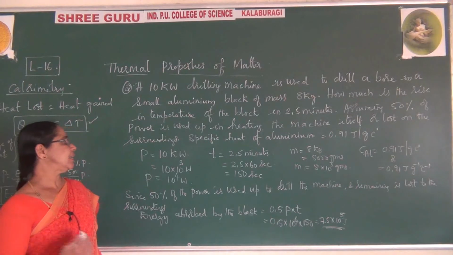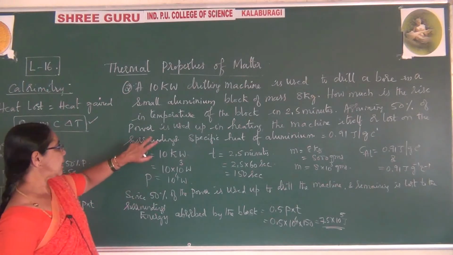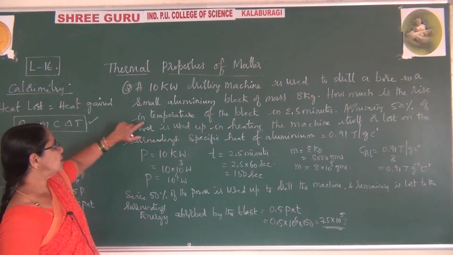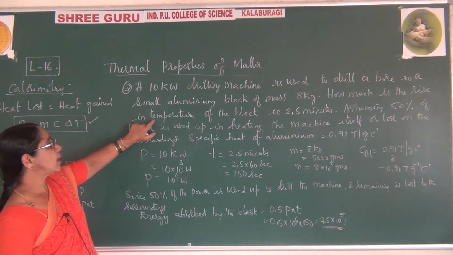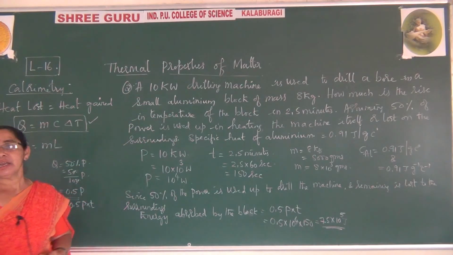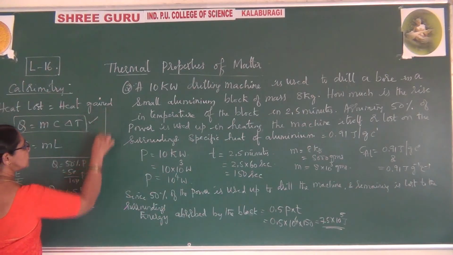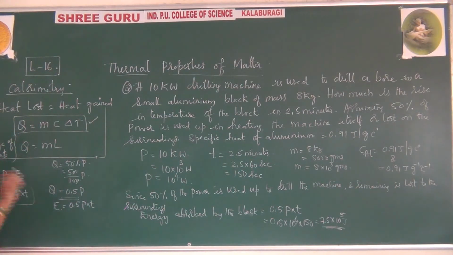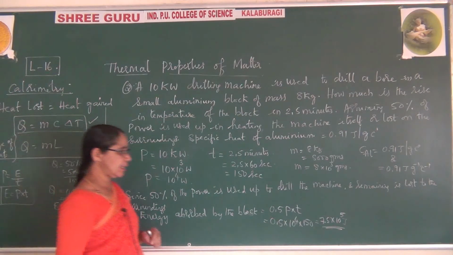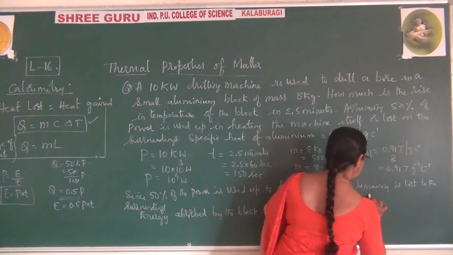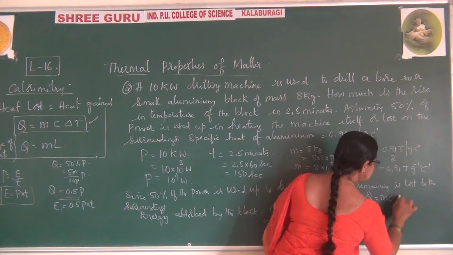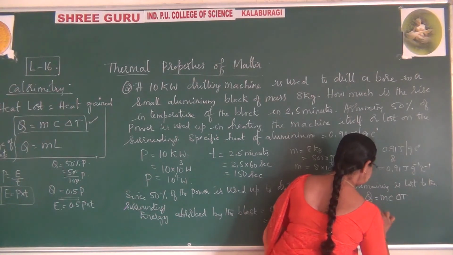You got the energy now. What is the next step you have to calculate? Using this, you have to calculate the rising temperature. Now let us calculate the rising temperature. At that time you take the same formula, where Q is equal to mc delta T. So what is delta T?